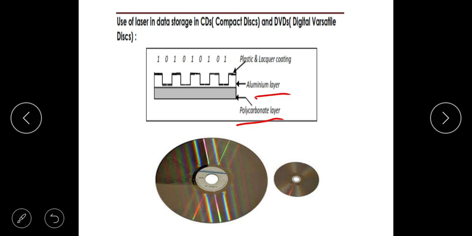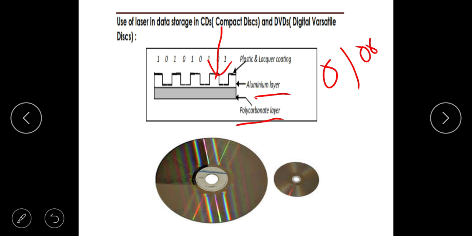These pits denote 0 and these lands denote 1 along the spiral track. The laser burns along the spiral track. Land is usually 1 and pit is usually 0. As you know, all our information is stored as a series of zeros and ones, binary. Anything can be decomposed into a series of zeros and ones.